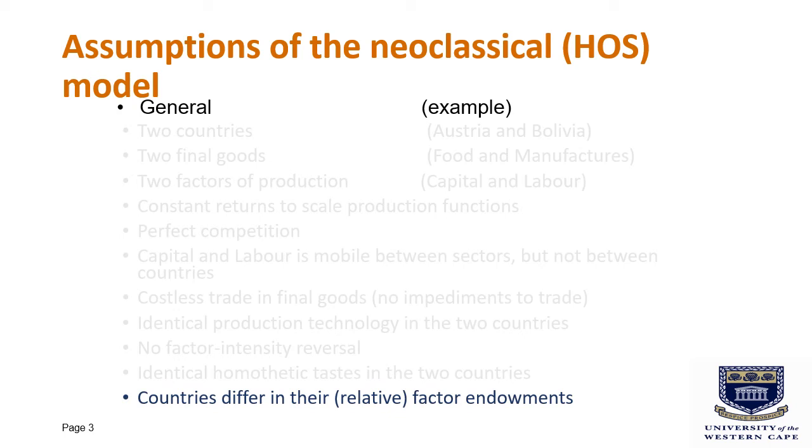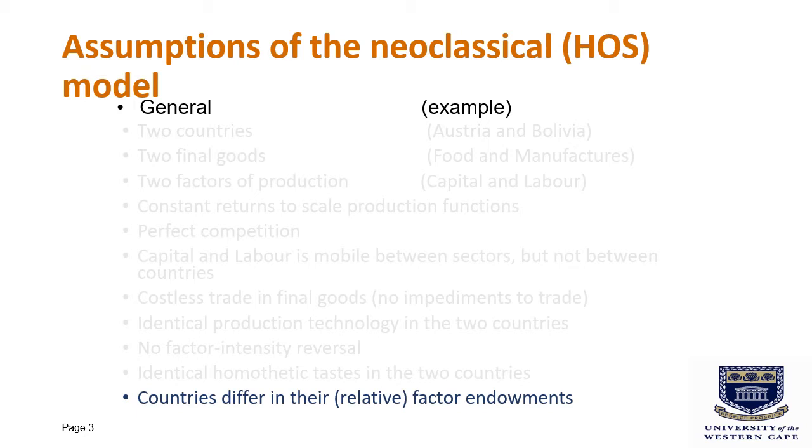And then the last thing, which is the basis for the HOS model, is the idea that they differ in terms of their relative factor endowments. So a country like Austria might be very abundant in capital, and someone like Bolivia might be very abundant in labor.